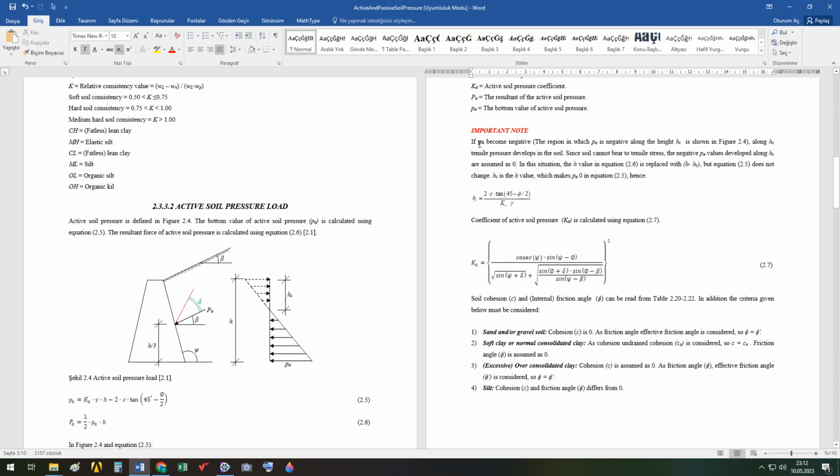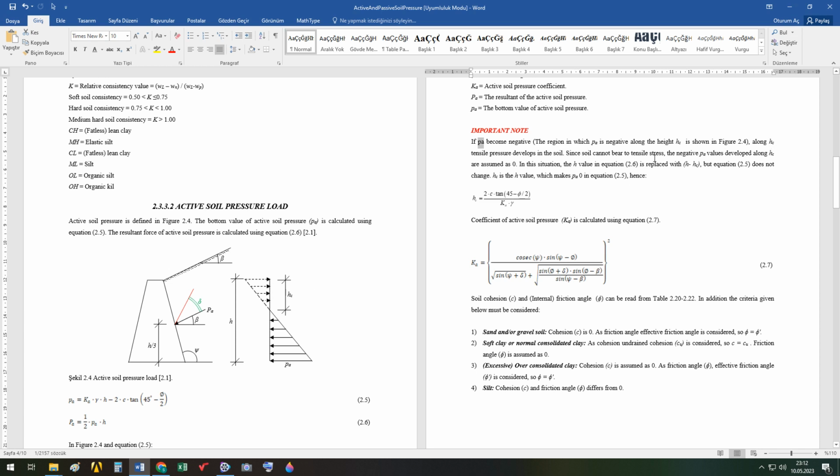Now, if the soil pressure becomes negative, actually this is the bottom value. Instead of this, I have to write active soil pressure. This is a mistake. If it becomes negative, as it happens here, tensile pressure develops in this region of the soil.